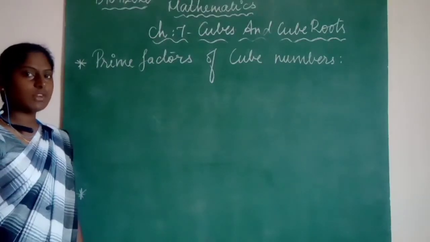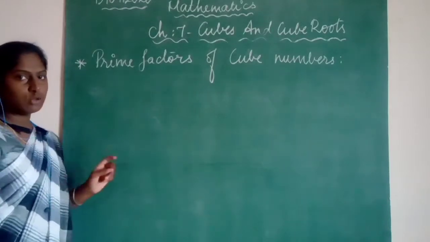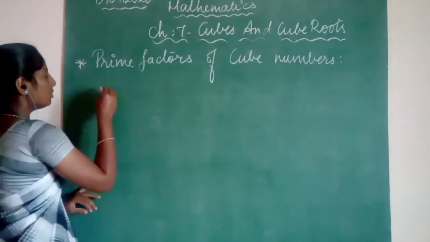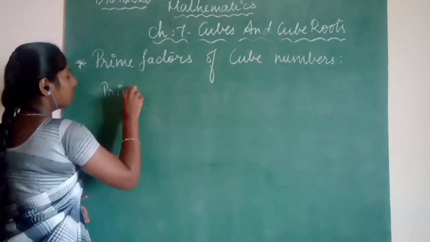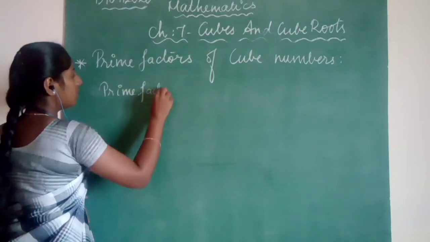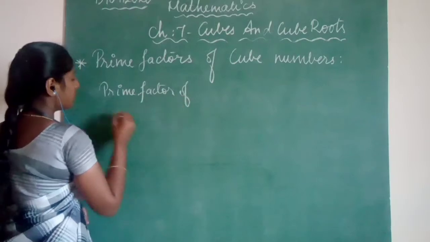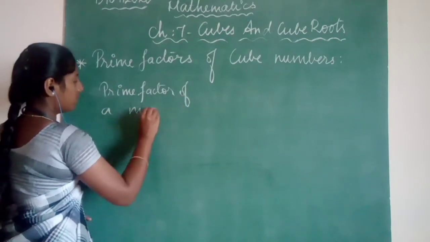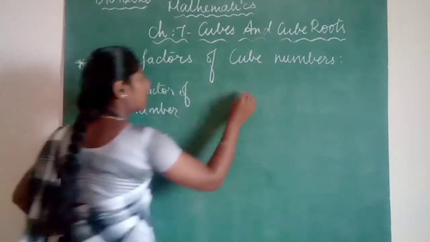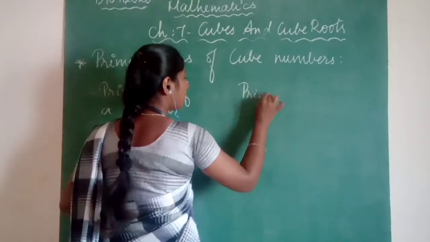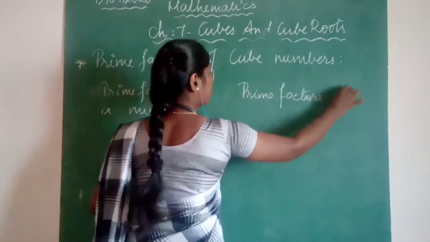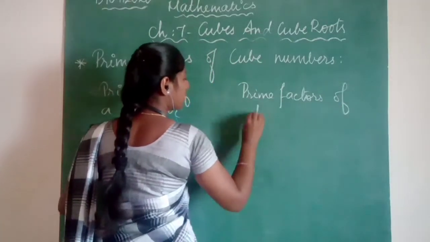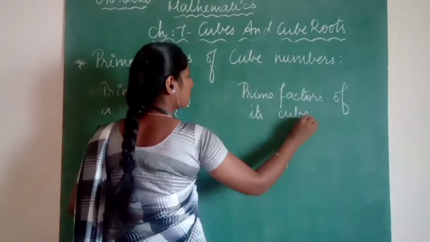So the next topic that we are going to see is prime factors of cube numbers. Now take a number and prime factorize it. Then take the prime factors of its cube.